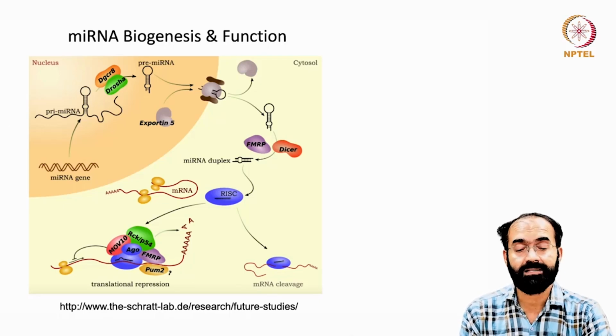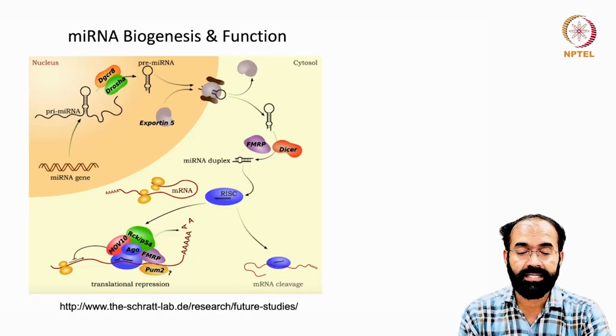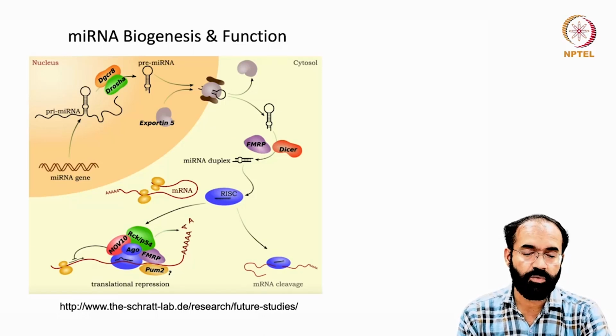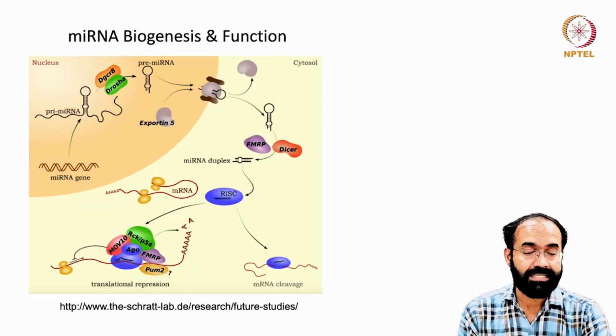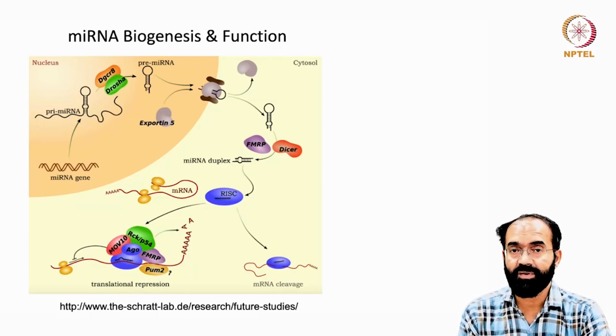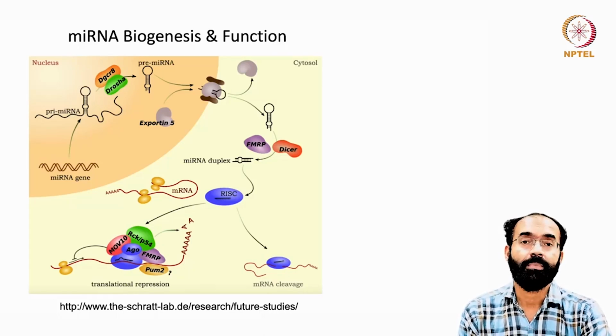This can assemble into the RNA induced silencing complex, the RISC complex, onto mRNA species, and this complex involves a bunch of proteins. One of the major proteins is the Argonaute protein, which binds onto the mRNA and can cause translational repression, that is preventing the mRNA from being translated, or mRNA cleavage.